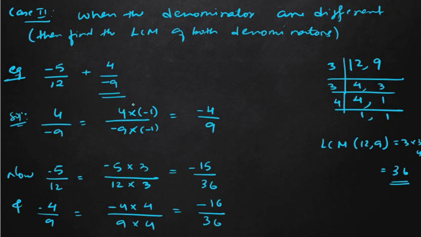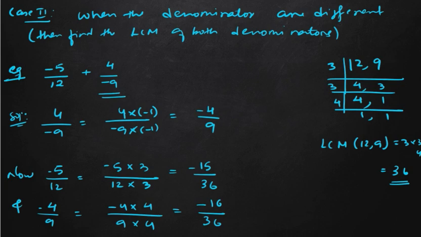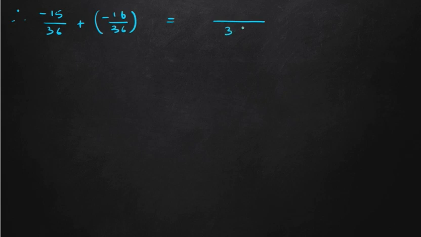So how will we add these two numbers? The two numbers were minus 15 by 36 and minus 16 by 36. Minus 15 by 36 plus minus 16 by 36. The denominators are same, so we will fix it and we will just add the numerators, that is minus 15 plus minus 16.